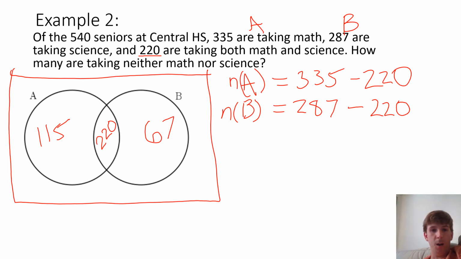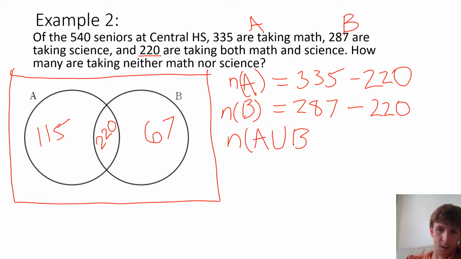Since we're looking for neither math nor science, what we're really looking for is this outer area. The symbol behind that would be A union B complement, not A or B. So what I'm going to do is take my total, 540, and subtract everything that I've got inside that Venn diagram.